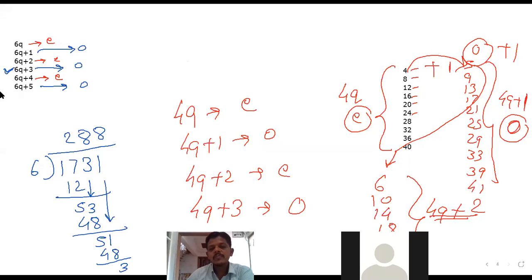Yes or no? Yes. So whenever an odd number is divided by 6, it will either be 6q plus 1 or plus 3 or plus 5. Yes or no?